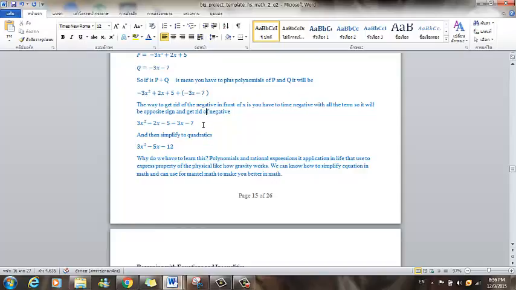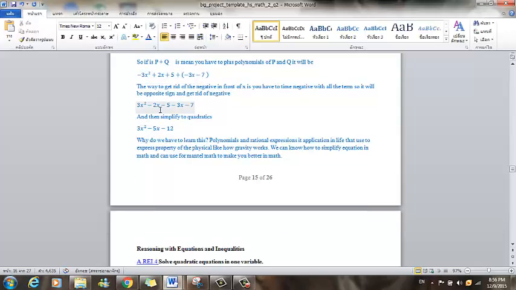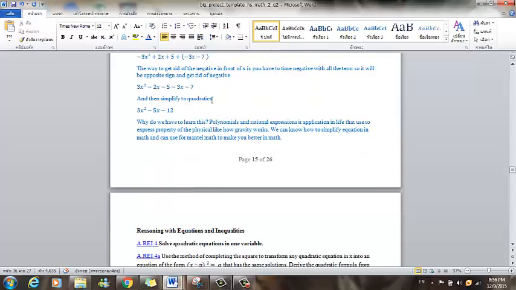Sorry for all the mistakes. So 3x squared minus 2x minus 5 minus 3x and minus 7, because the front is negative, so we have to change the sign into the opposite. Now we simplify the quadratic and we're going to get this.